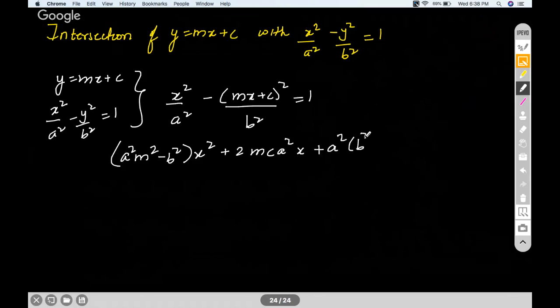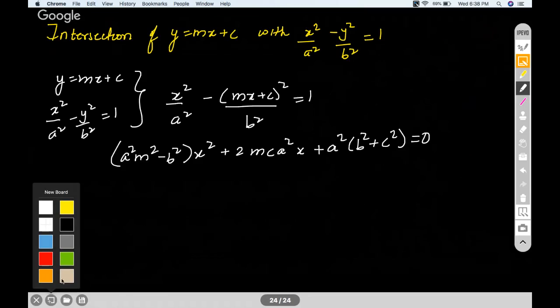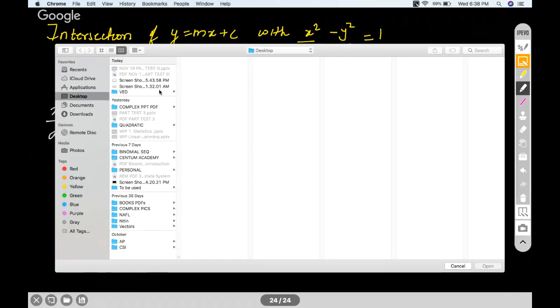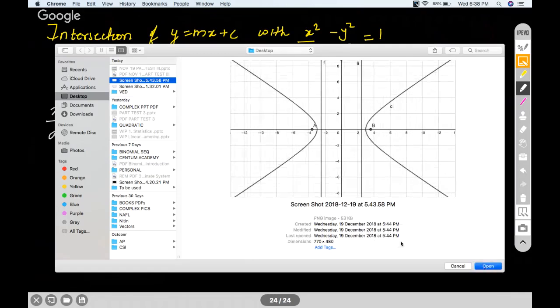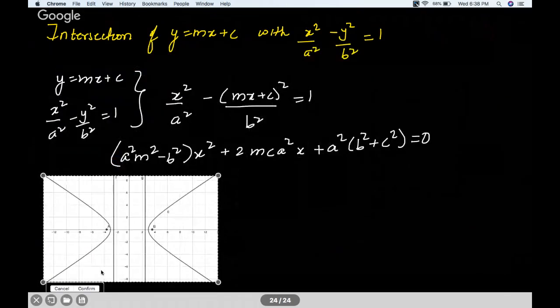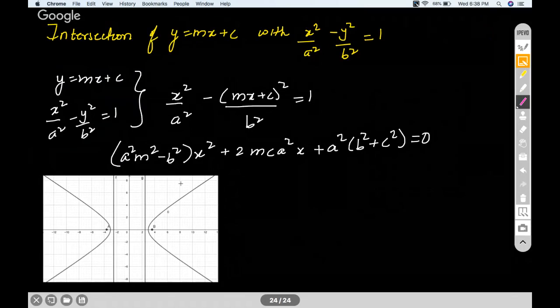Just by deciding the nature of the roots of this quadratic equation, you can make out whether the line is cutting, touching, or not even touching the given hyperbola. So there can be three situations. There can be a situation where it is tangent like this. There could be a situation where it is cutting like this. And there could be a situation where it is not even cutting like this.